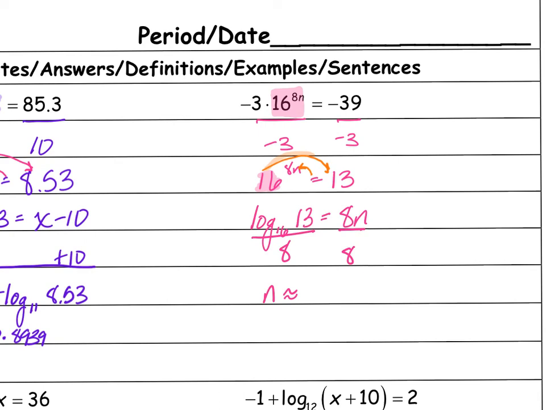You just type in Desmos graphing calculator and it'll come up. And it looks the same as on the app for the phone also, just so you guys know that. So log base 16 of 13 divided by 8 is approximately equal to 0.1156. And there's our answer.